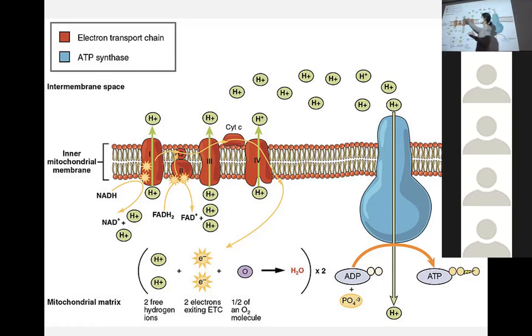So here you can see we're in the intermembrane space up here, the mitochondrial matrix down here. All right, so now we have all of these hydrogen ions out in the intermembrane space. They want to come back in. So they're going to diffuse back through ATP synthase. That's our chemiosmosis step. That's going to rotate that motor and then allow ADP and a phosphate group to come together, and we make ATP.